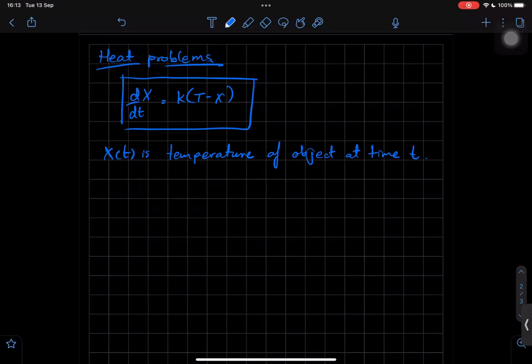Another thing is the capital T is the temperature of the surrounding.